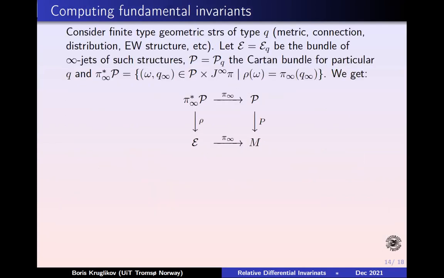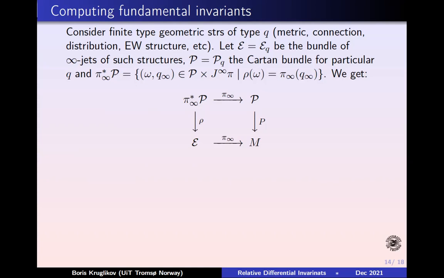Actually, I do. So let me show you a diagram which appeared in the context of Cartan bundles related to relativity in a paper with Avi Schneider and David McNutt, but it's a very general picture. We consider some finite type geometric structures. I call this type Q: a metric, connection, distribution, whatever, or maybe given by an equation like Einstein-Weyl.